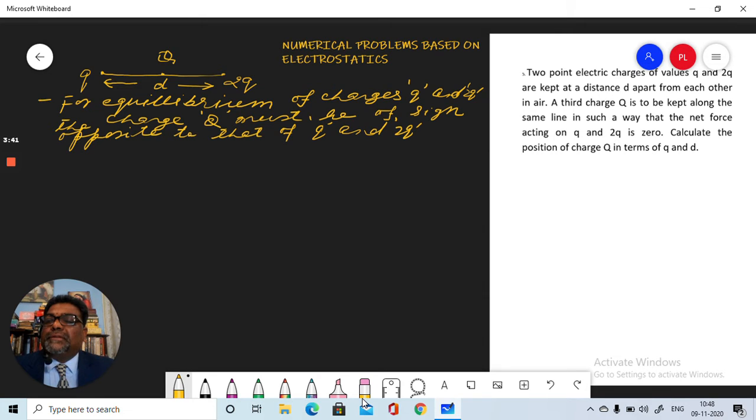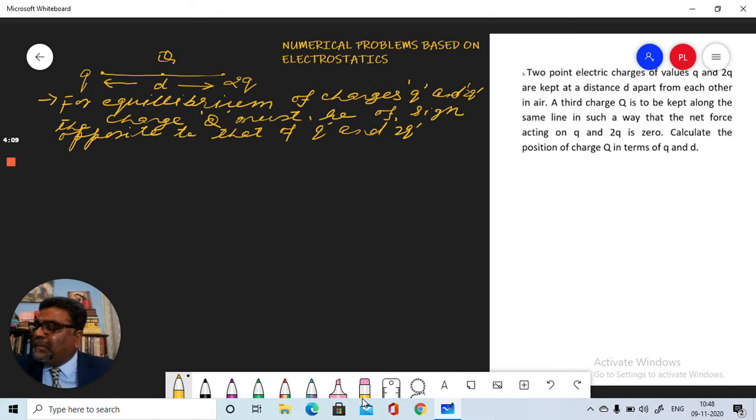I made a first statement here: for equilibrium of charge q and charge 2q, charge Q must be of sign opposite to that of q and 2q. If not, it will not be equilibrium. So for all problems you come across, you should remember that the charges placed in between must have opposite charge to maintain equilibrium.